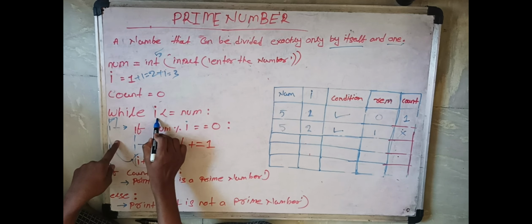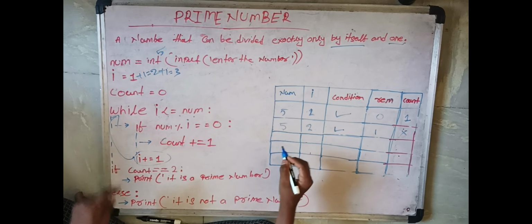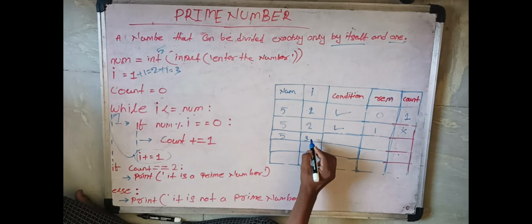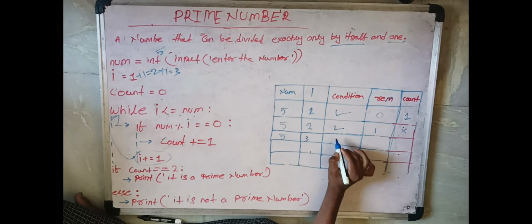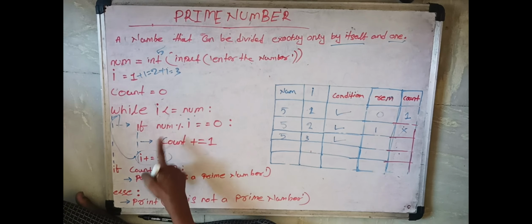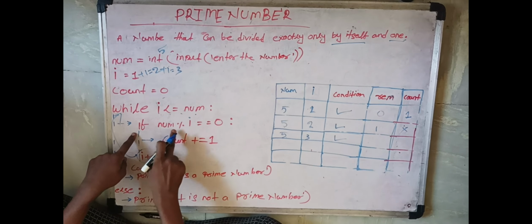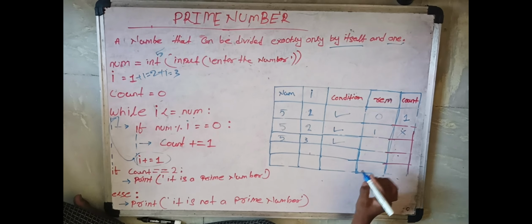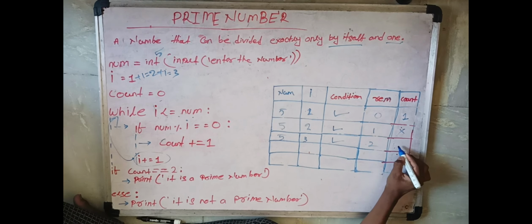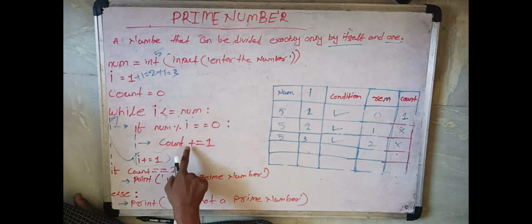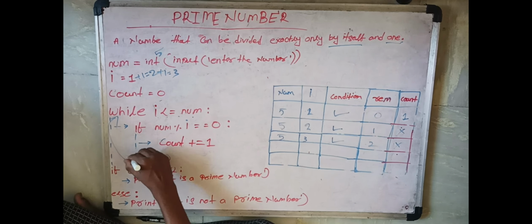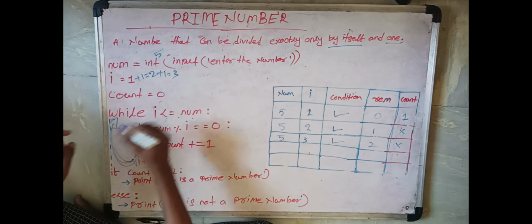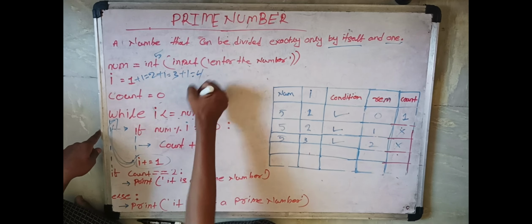Then check i less than or equal to num: 3 less than or equal to 5, the condition is true. But for num modulus i equal to 0, the condition is false because the remainder is not 0. It does not count the value. Then i is updated and it goes to the same loop. 3 plus 1 equal to 4.